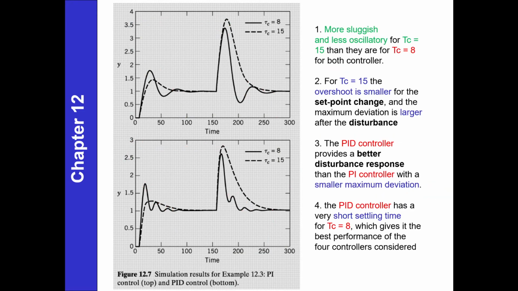So what are the answers? This is the answer. The first one: we compare tau c equal to 15 and tau c equal to 8 for both controllers. We compare this line to this line. For both controllers, tau c equal to 15, the dashed line, is more sluggish and less oscillatory.